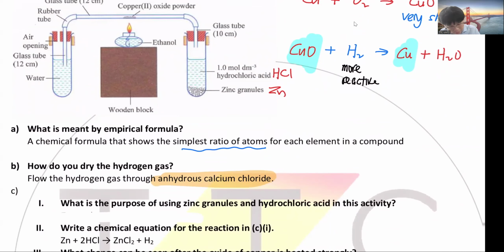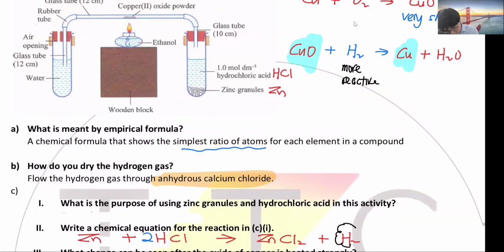So you can write down this: zinc plus the hydrochloric acid will give you zinc chloride plus H2, and balance the equation. So this will give you hydrogen gas.